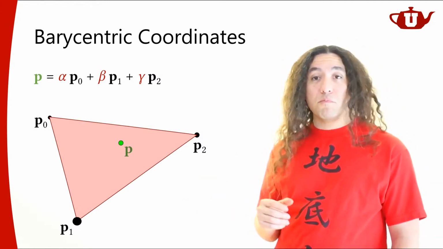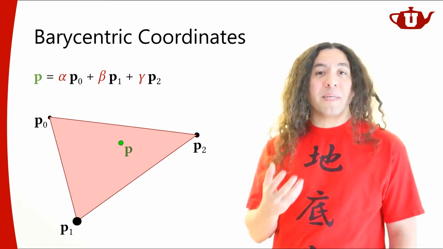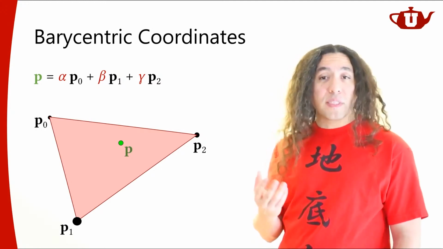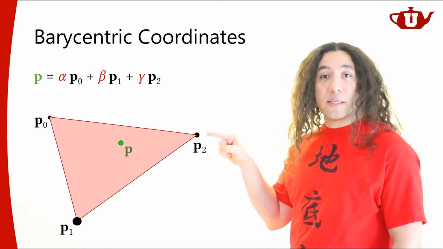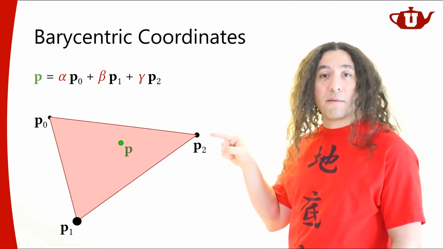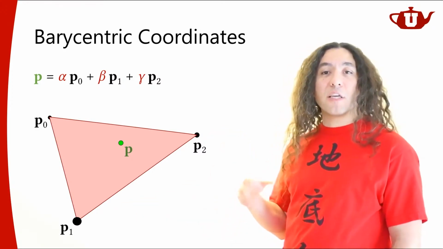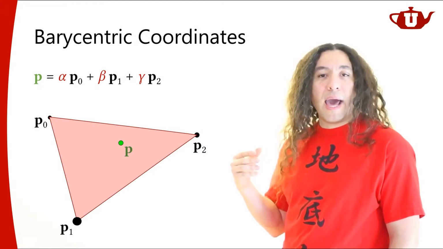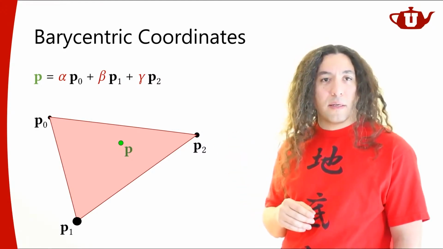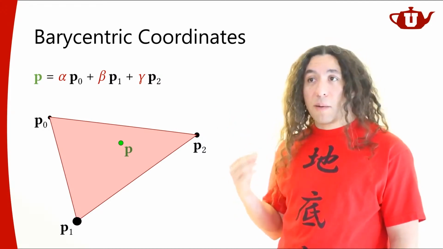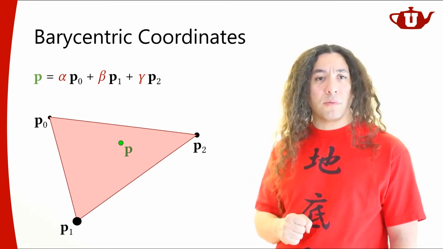So whatever property we define on our surface is oftentimes going to be stored at these vertices. I'm going to be storing some attributes at these vertices. And to find the value of that attribute at any point on the triangle, I can do the same thing. I can again use barycentric coordinates to interpolate the value of that attribute.